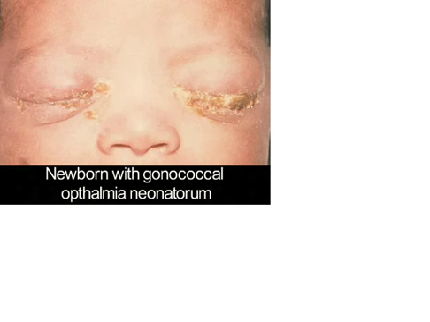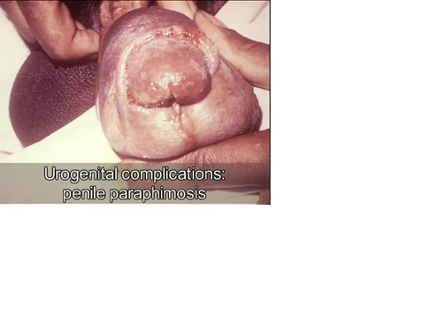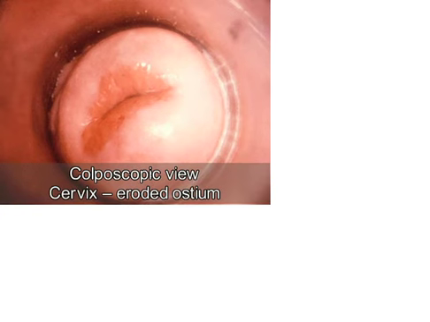Gonorrhea is one of the most common and widespread of sexually transmitted diseases. It is caused by the gonococcus bacterium and is transmitted through sexual contact and during childbirth. Gonococci cause inflammation of mucous membranes of the genital and urinary systems in males and females.